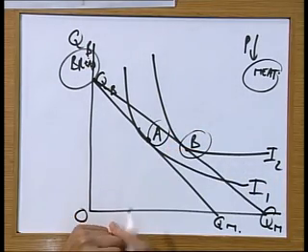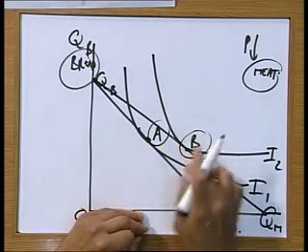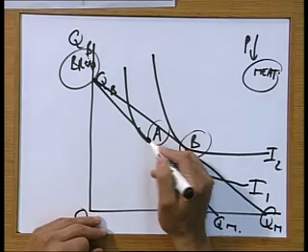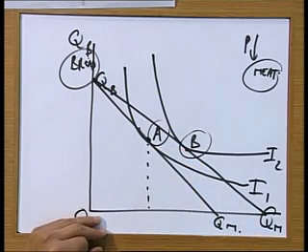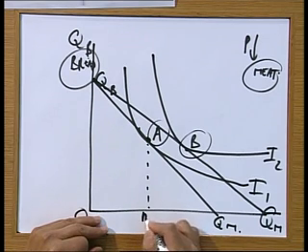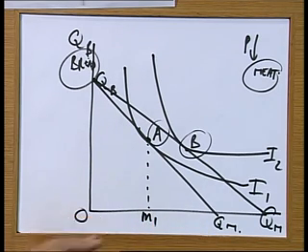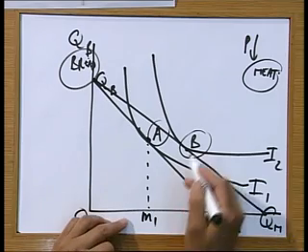Okay? So this whole move from A to B basically is what we call the price change. The consumer is now buying more meat. Now let's just look at when the consumer was at point A, the consumer bought M1 quantity of meat. Now what happens now?